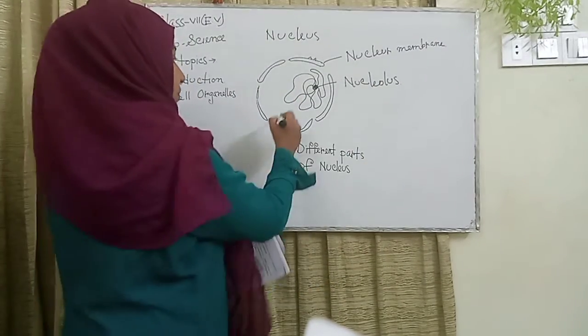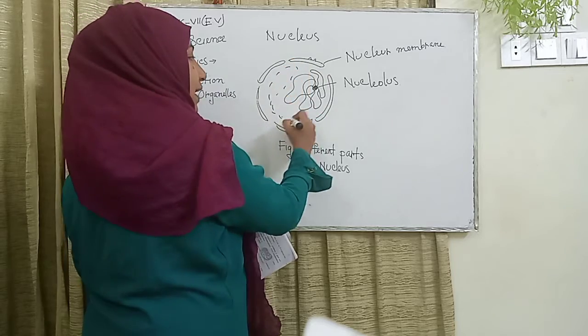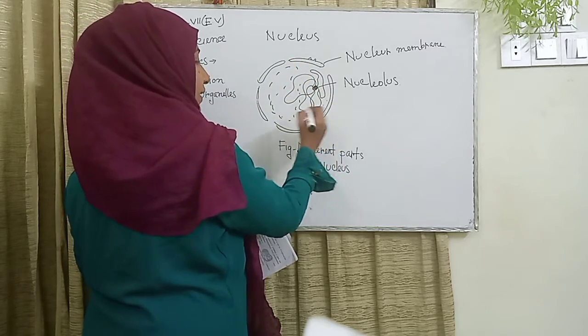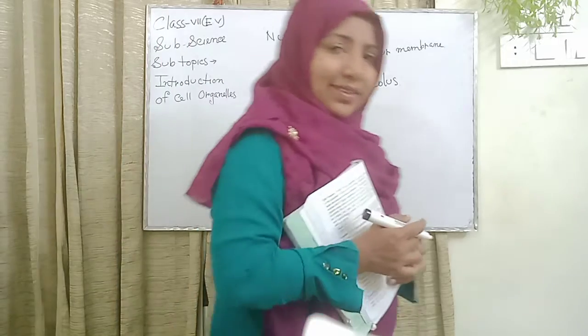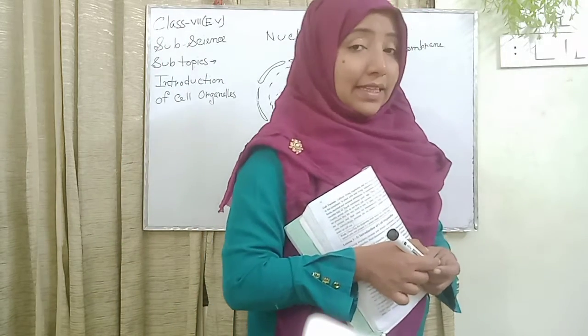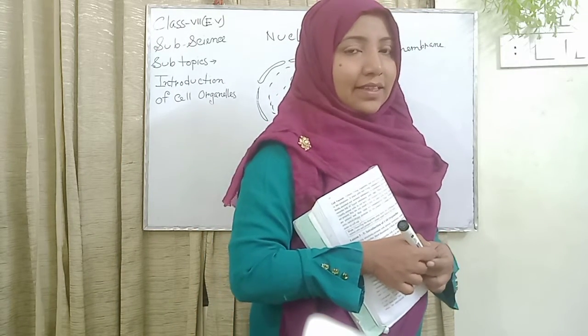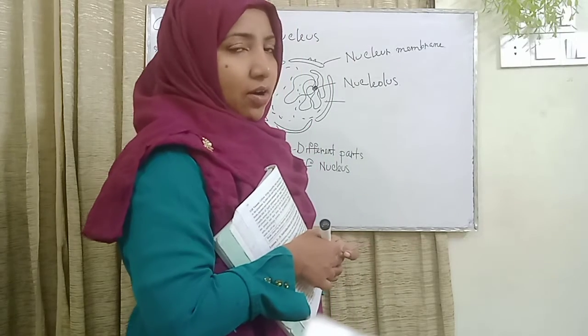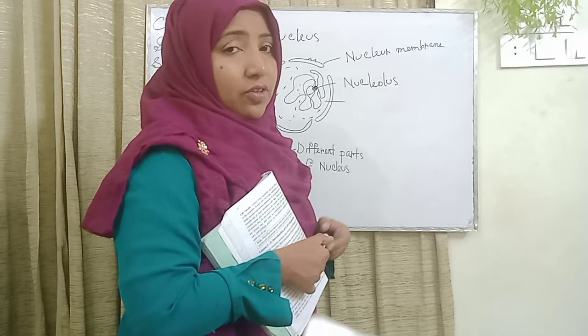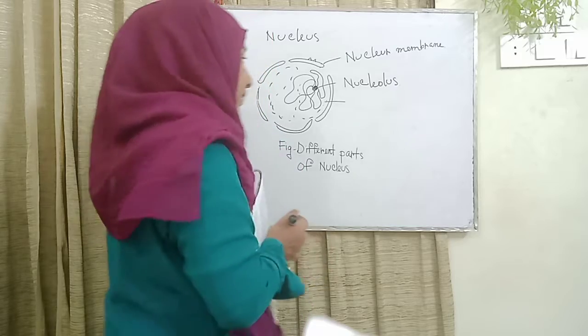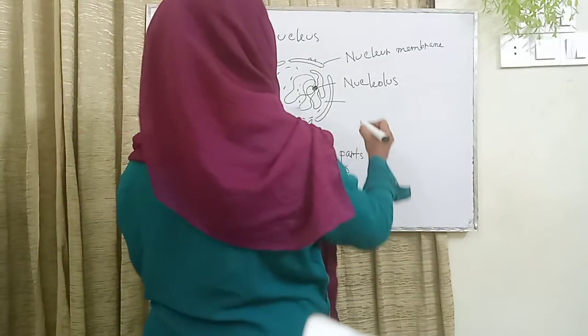The third structure is basically a jelly-like structure, and its other name is the nucleoplasm. My dear students, first is the protoplasm, second is the cytoplasm, and third is the nucleoplasm. All these structures are thick, jelly-shaped structures.